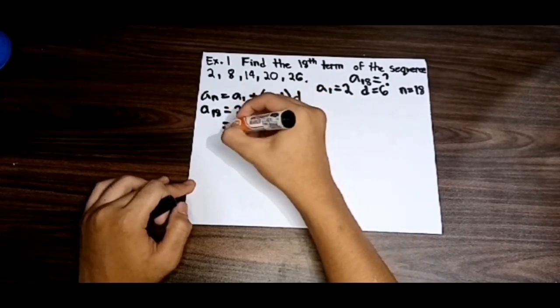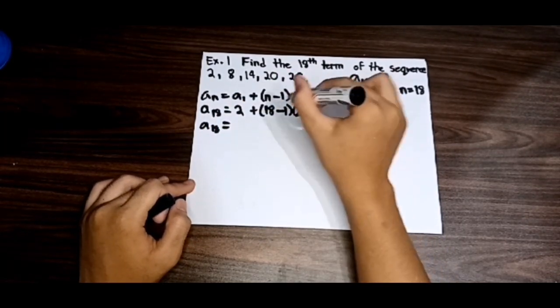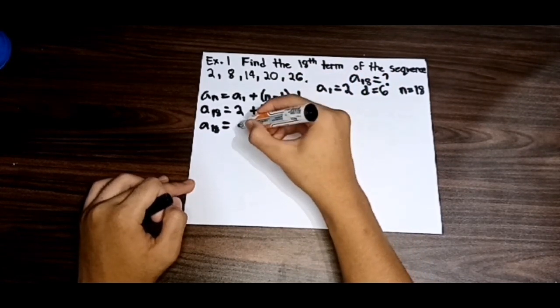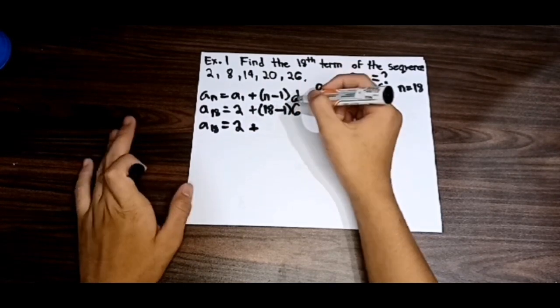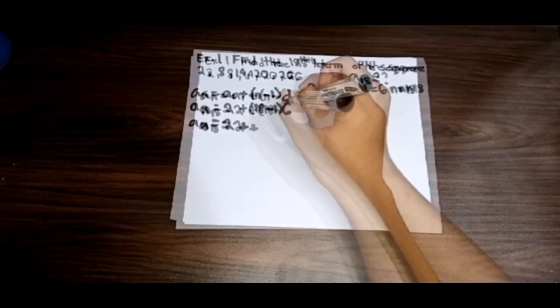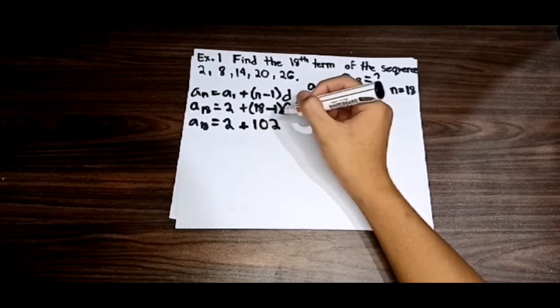To simplify, let's first solve the parenthesis. 18 minus 1 is equivalent to 17. 17 times 6 is equivalent to 102.